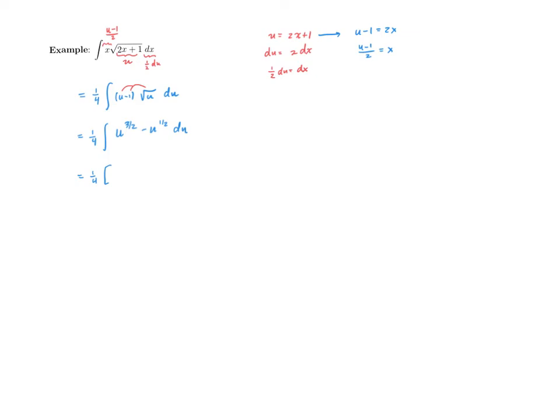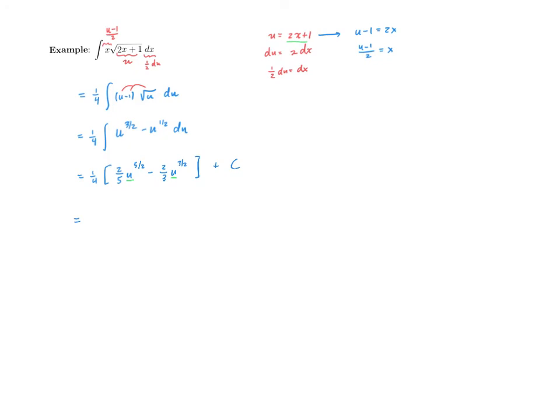3/2 plus 1 is 5/2. 1 over 5/2 is 2/5. And similarly, 1/2 plus 1 is 3/2. 1 over 3/2 is 2/3. And because it's an indefinite integral, we have a plus c. And remember this last but very important step. With an indefinite integral, we need to resubstitute to get things back in terms of that original variable x.